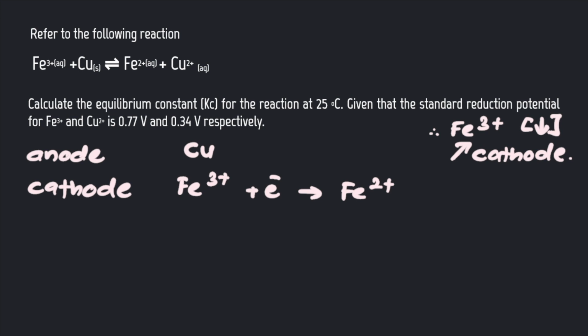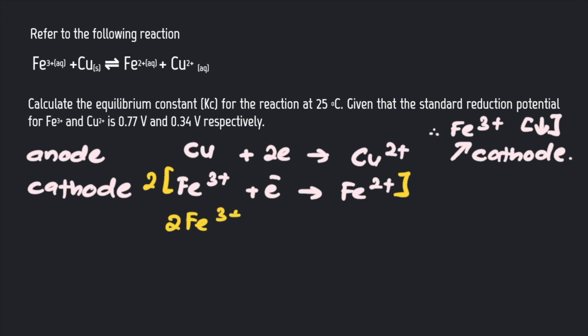So copper plus 2 electron, so you will need Cu2+, right? So here, because your copper needs 2 electron, you need 2 times everything with 2. So you have 2 Fe3+ plus 2 electron, and you will have 2 Fe2+.